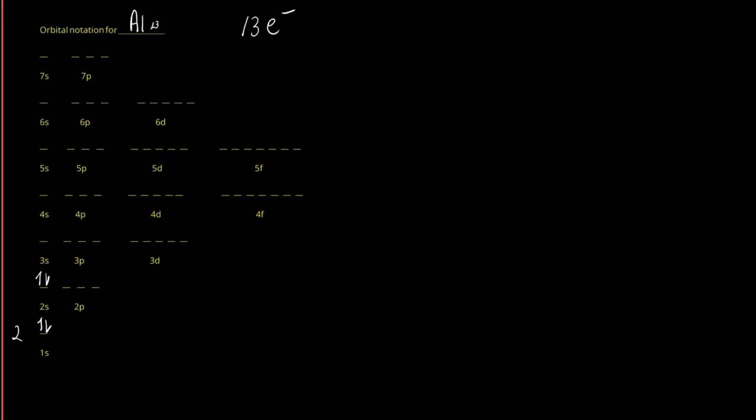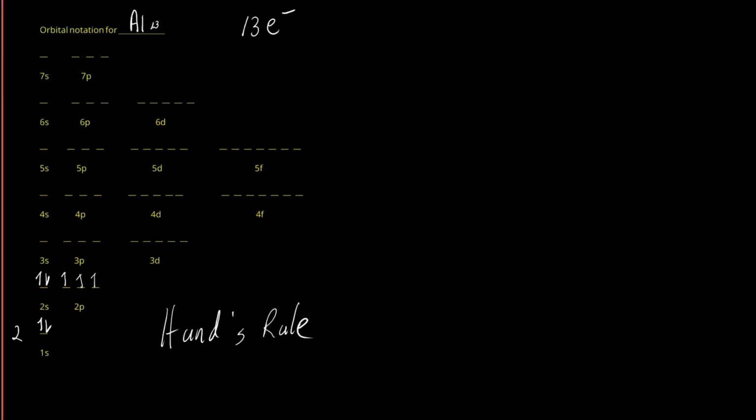And 2p has an up, and up, and up. Hund's rule says you will put 1 electron in each of the orbital's sublevels before pairing them up.